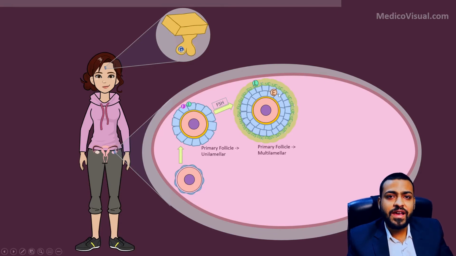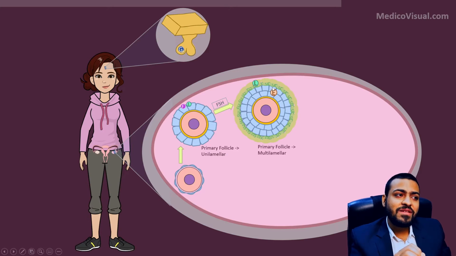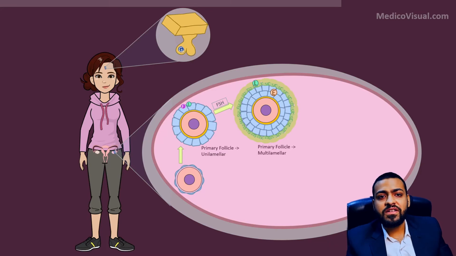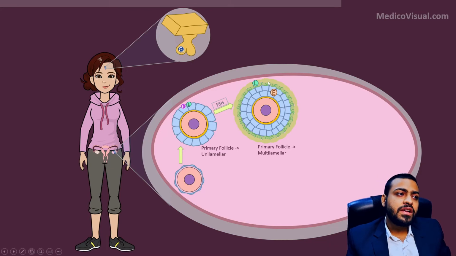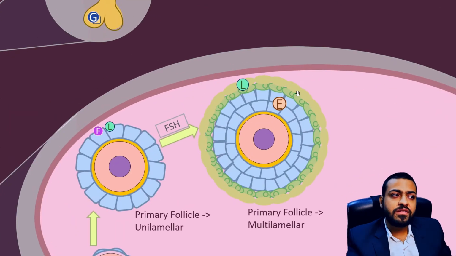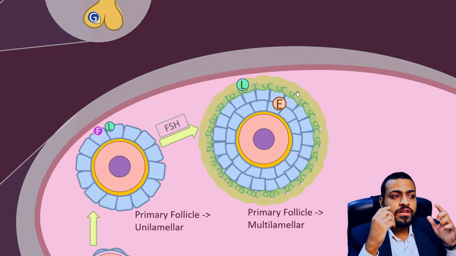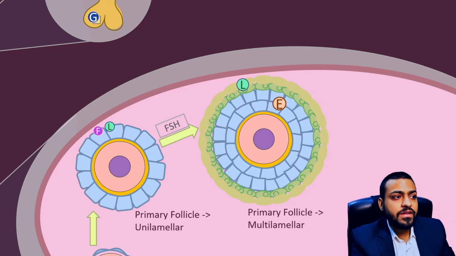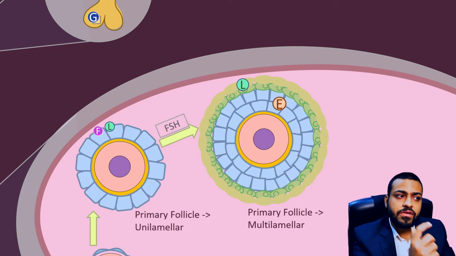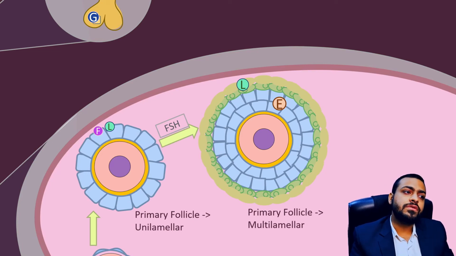They have a special enzyme called aromatase which converts the testosterone into estrogen. So Theca cells produce testosterone, but this testosterone is picked up by follicular cells and converted into estrogen, and they use the aromatase enzyme to do so, right?